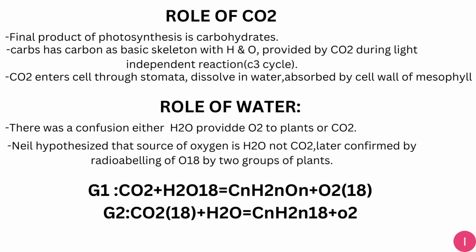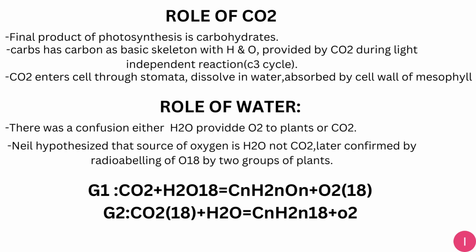We will not go into what the light independent reaction C3 cycle is; we will discuss it in the future. For this topic, just remember that carbohydrates have carbon as the basic skeleton with hydrogen and oxygen, and this carbon is provided by carbon dioxide during the light independent reaction.